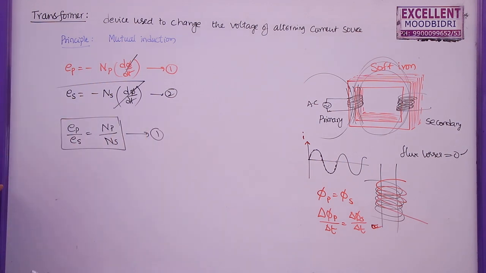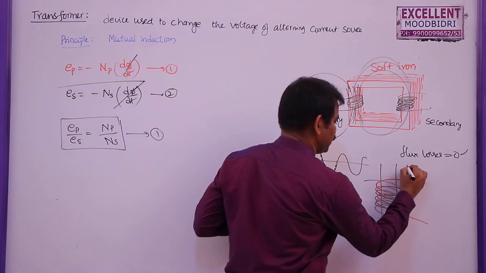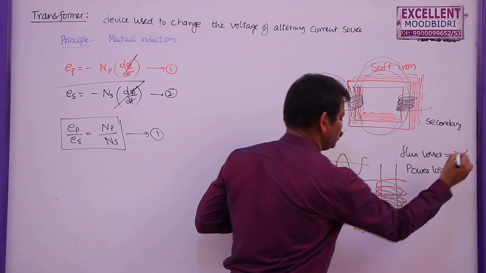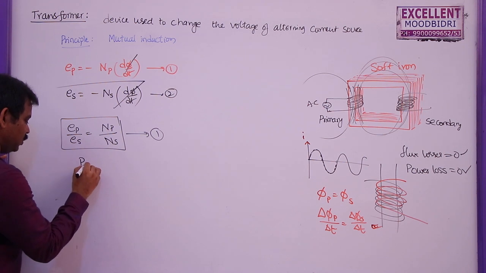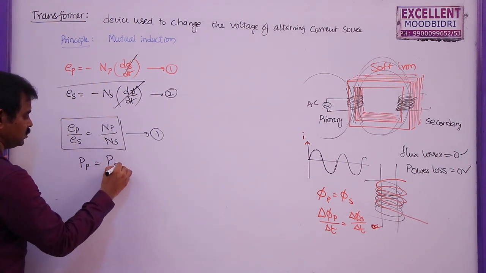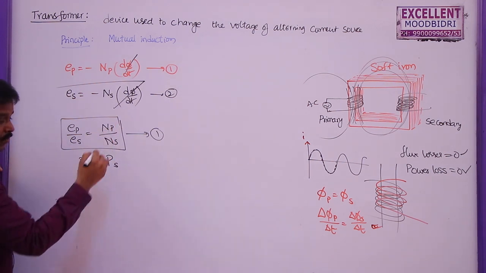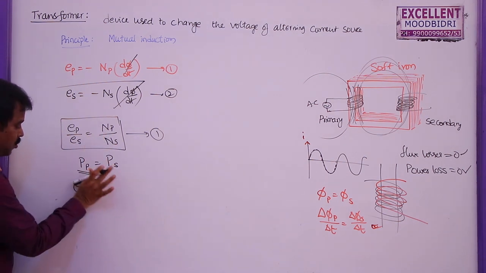After that, if there are no power losses for an ideal transformer, the power loss can be taken as 0. If the power loss is equal to 0 in a transformer, what can we write? The output power is equal to the power through the primary coil, so power in the primary equals power in the secondary. What is the power in the primary coil? It is the EMF induced or voltage across the primary coil times the current.